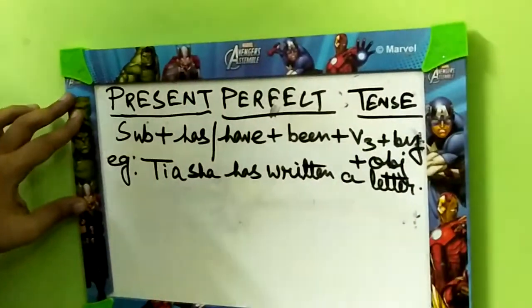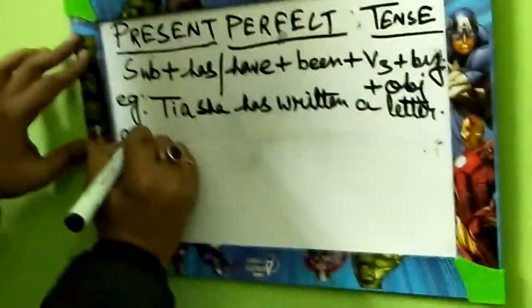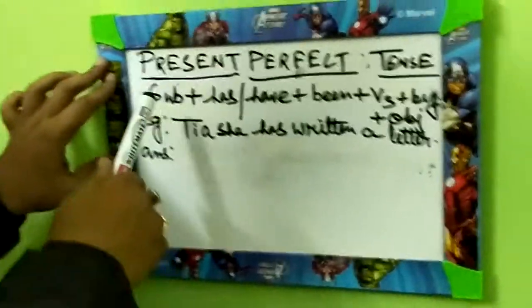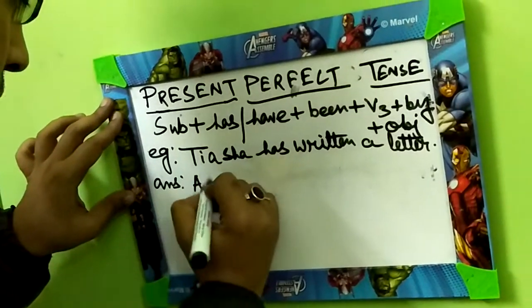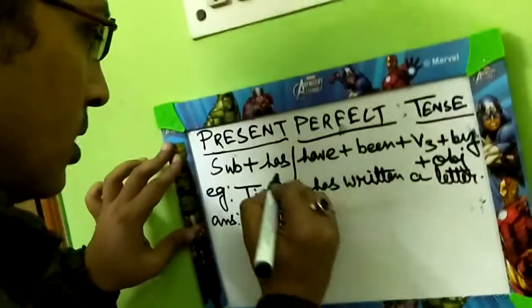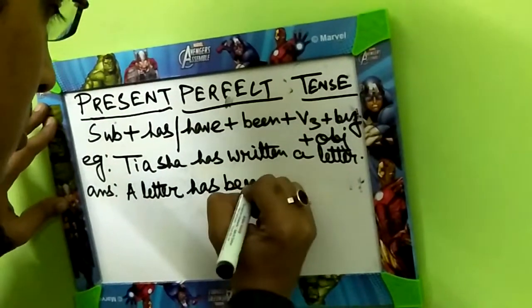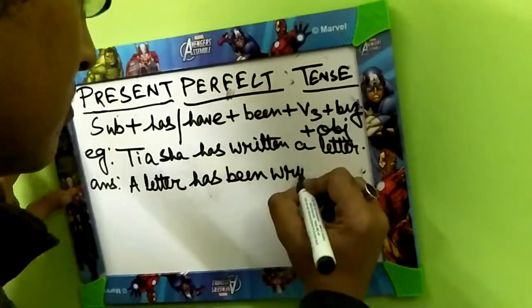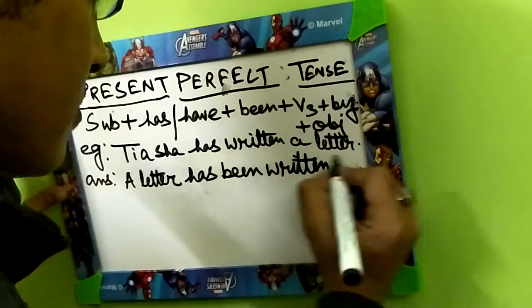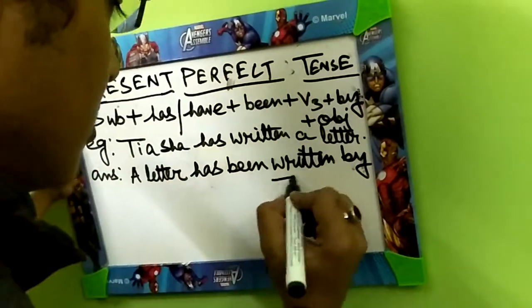Tiasha has written a letter. This sentence is in present perfect tense and it is an active sentence. So how are we going to change it into a passive sentence? Just go by the formula. You don't need to think anything else. Subject, then has, then been, then the third form of the verb, already given because this is in perfect tense, then by, then object, meaning the subject will come in the place of object.